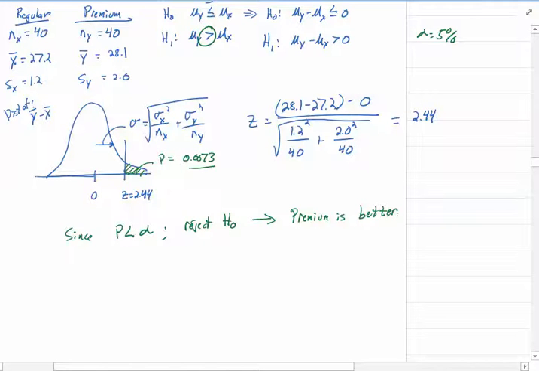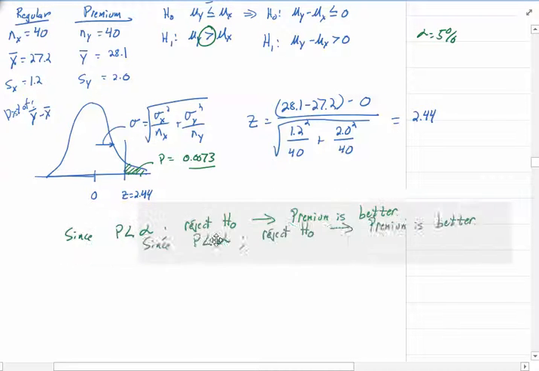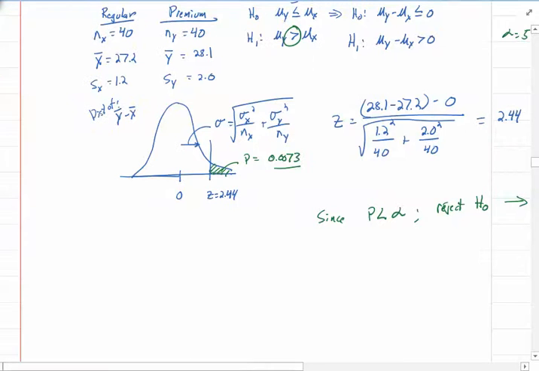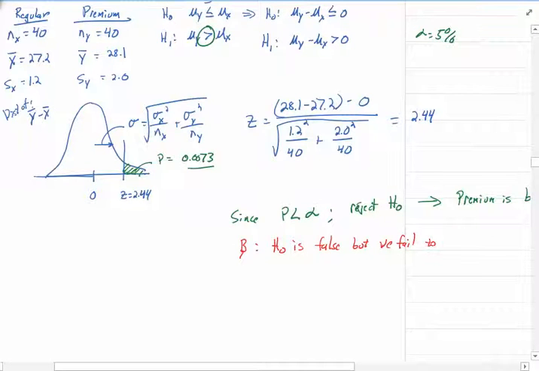The other type of error we said was this. First I'm going to move this thing out of the way. The other type of error was beta, and it was H naught is false, but we fail to reject it.